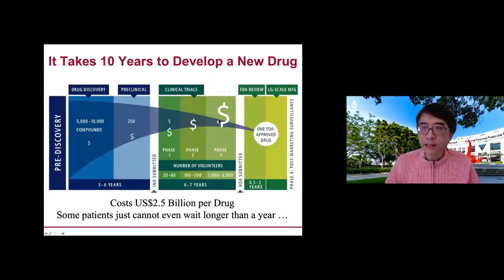So in reality, to develop a new drug takes time and costs a lot of money, right? It normally takes about 10 years to develop a new drug because you have to go through a number of stages, all the way from the early stage of drug discovery to the preclinical studies, to the clinical trials, and to the approval of the FDA.